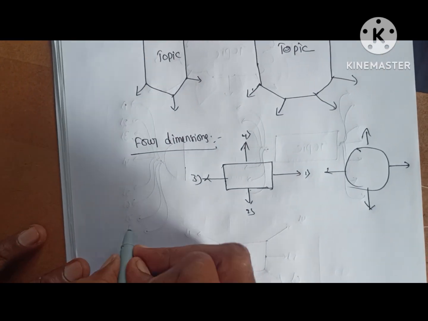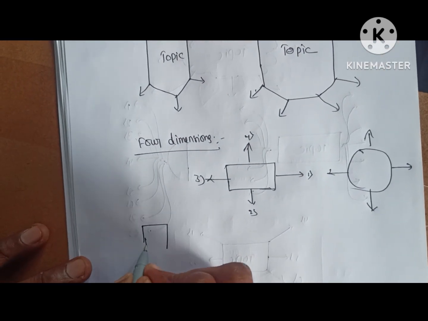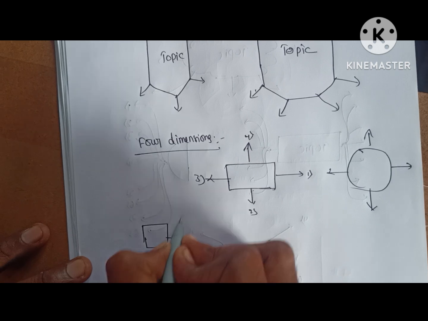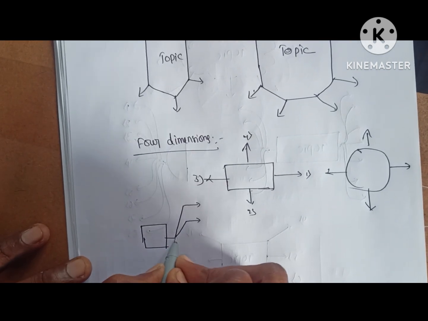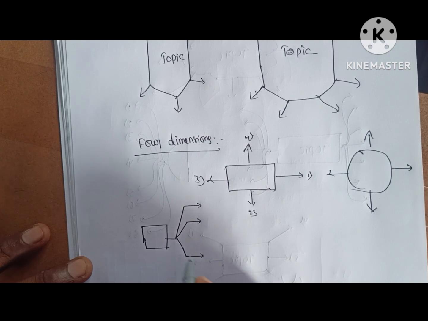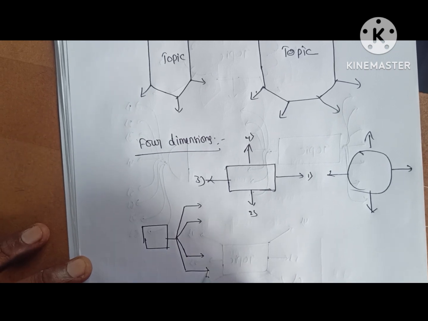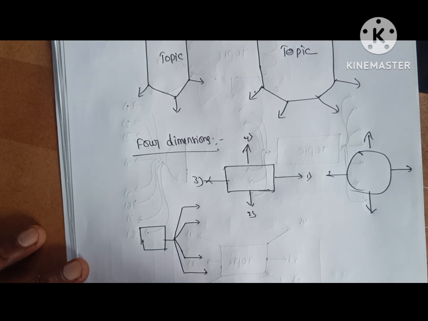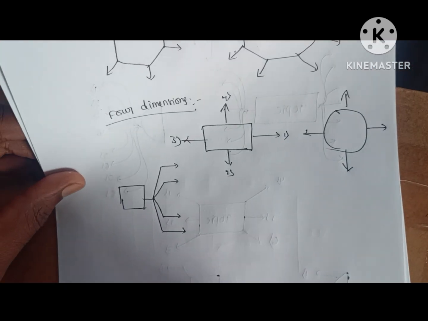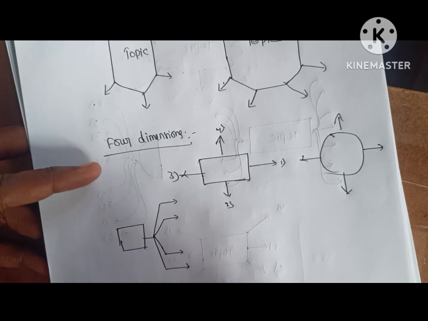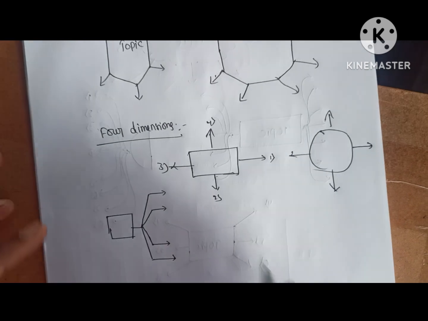And another way is you have to select the diagram for your answer which is suitable. It depends on you what type of diagram to draw for multiple dimensions, and for four dimensions what type of diagram to draw.